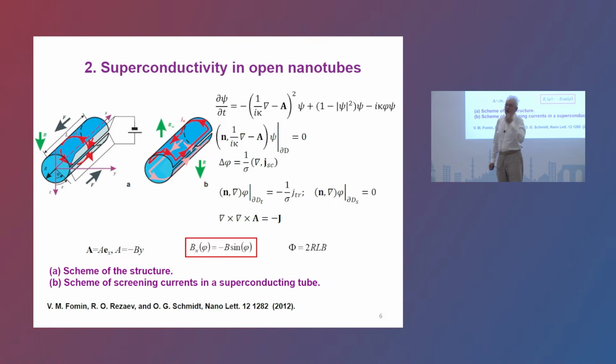Therefore, the vortices we will speak about are not like Abrikosov vortices from a textbook, because Abrikosov vortices are long lines with a core. And in this case, I would call them slices of Abrikosov vortices, which have very, very small height. But nevertheless, they have all the topological properties of rotating currents around the core.